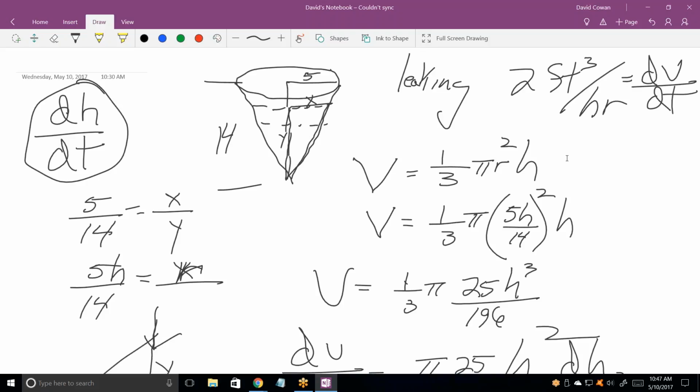The reason it's always given me trouble is this part over here. Finally, I figured out that's what you have to do next. You have to make it one variable. You have to relate either R to H or H to R, and differentiate depending on what you're looking for. Okay, I get that.